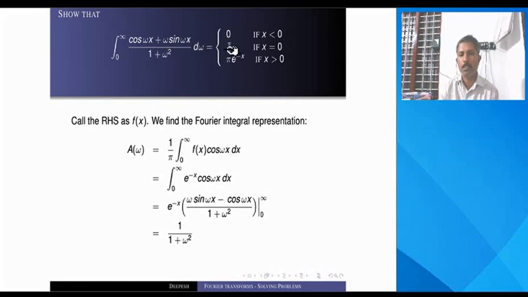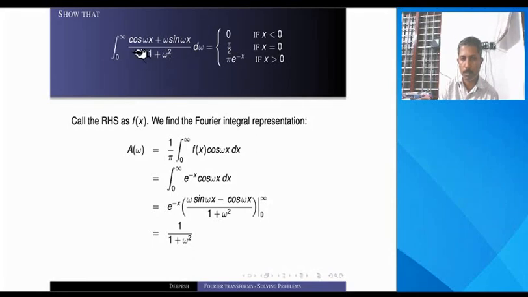So here you call the right hand side as f of x. So this entire function can be taken as f of x, and you just go to find the Fourier integral representation of this function f of x. Okay. So that means you need to find A(omega) and B(omega), and this problem says that with cos omega x you have 1 by 1 plus omega square, and with sin omega x you have omega by 1 plus omega square.